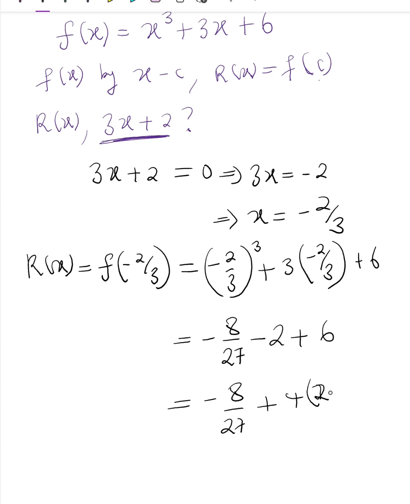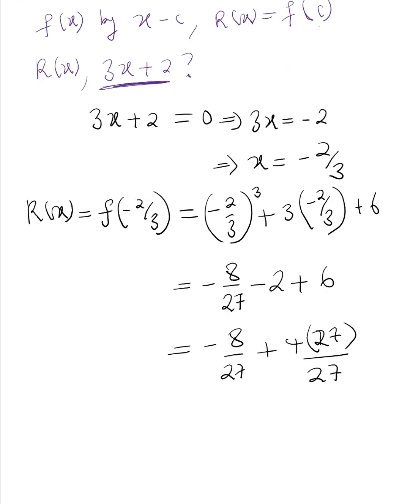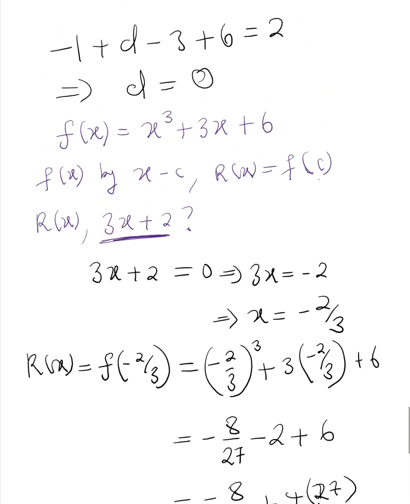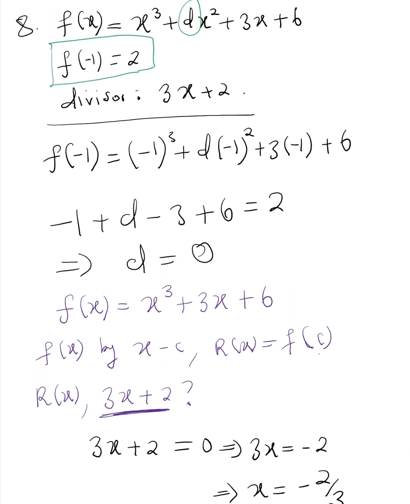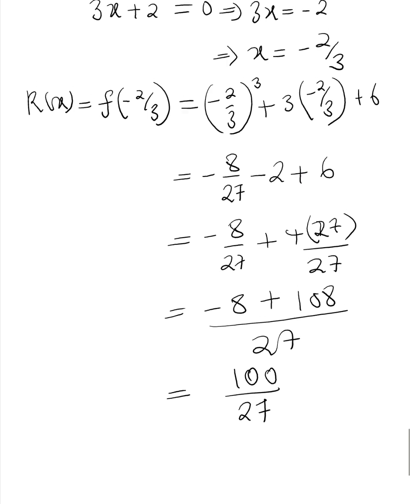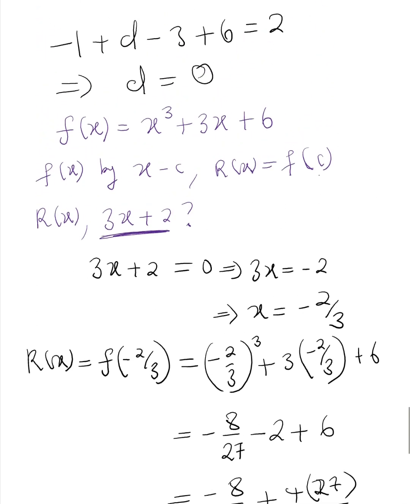I express this as a single fraction over 27: negative 8 plus 108 over 27. Then we're done, right? This is just 100 over 27. So the remainder upon dividing the given expression, when f of negative 1 is 2, by 3x plus 2 is 100 over 27.